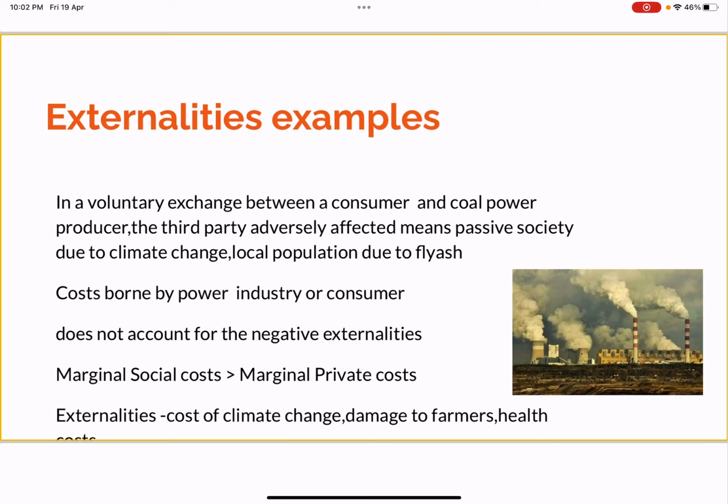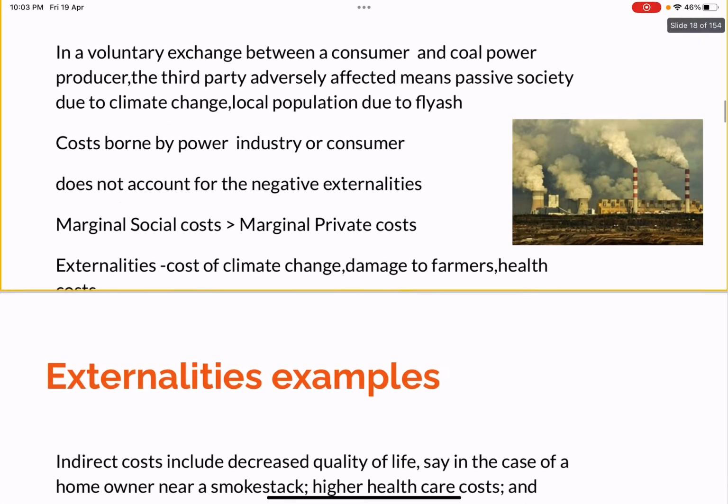So the social cost would be different than the private cost if the cost of negative externality is added to it. That is the meaning of social cost being greater than private cost in case of negative externalities.